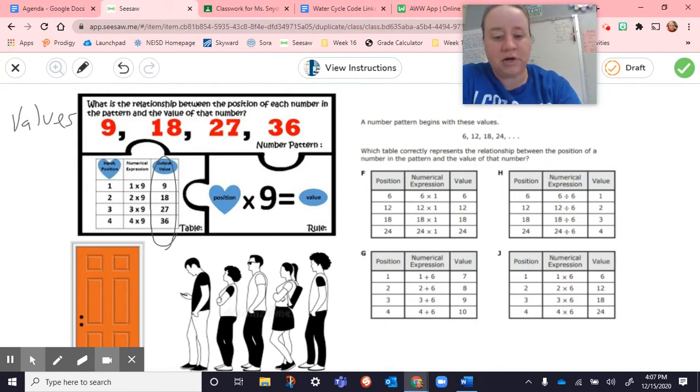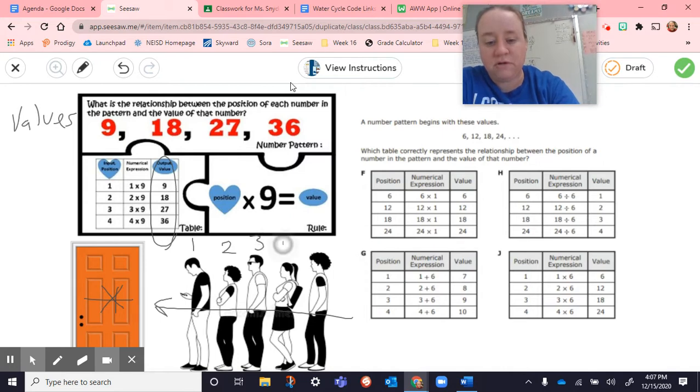Now, these numbers are in a certain position. The way I think about it is I think about these people and I picture them going out. They're going to be heading this direction and they're going to go through this door right here. If they're all lined up to go through this door, this person right here is in the first position. This one is in the second position, the third position, the fourth position, and the fifth position.